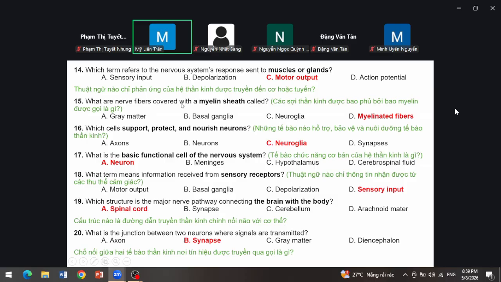Nerve fibers covered with a myelin sheath are called myelinated fibers. 16. Neuroglia support, protect, and nourish neurons.